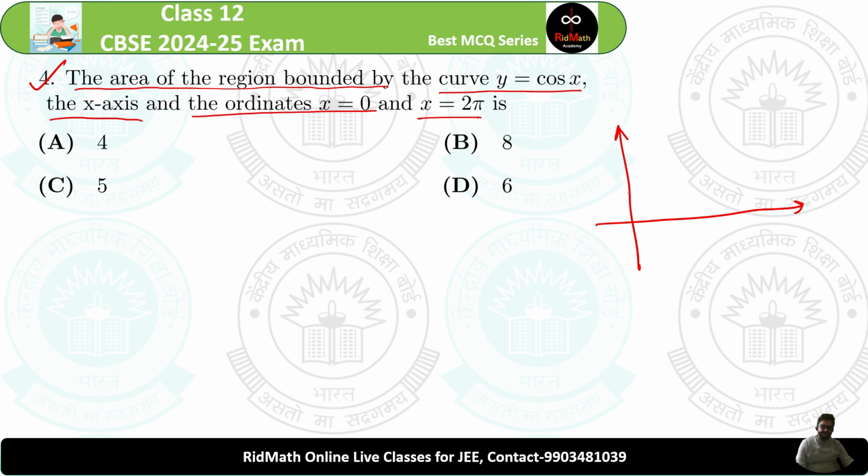So this is cos x, this is 1, and cos pi by 2 is 0, again cos 3 pi by 2.